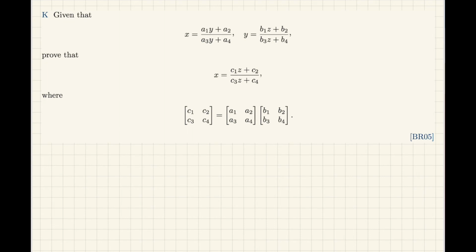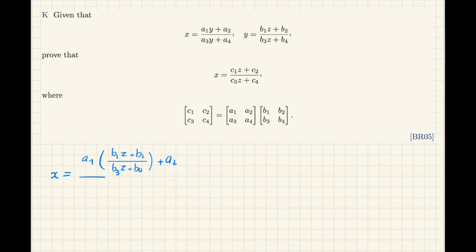Okay, so I would say that x is equal to, my x is this one, so what I am doing, I am replacing this y here and there with this given expression. So what happens, it becomes a1 multiplied by b1z plus b2 divided by b3z plus b4, and then after that I have a2.